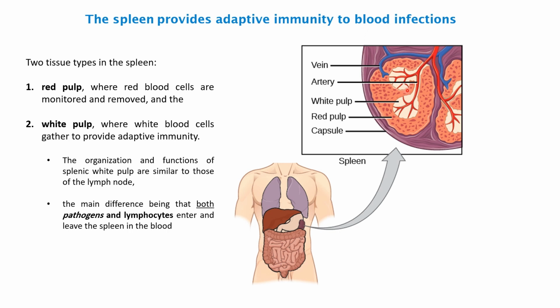Obviously, we have a vasculature which is feeding this, but we can see that there are two distinct regions. There's what's called the white pulp and the red pulp, and as we said, it's encapsulated. Red pulp is responsible for monitoring and removing any damaged or infected red blood cells, and the white pulp is where the adaptive immune functions are developing.